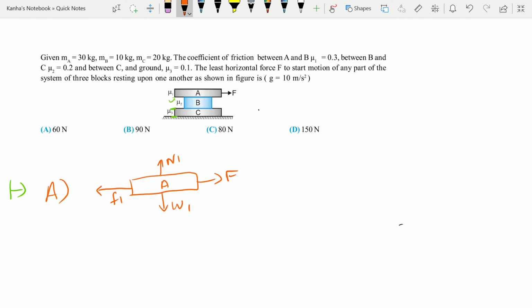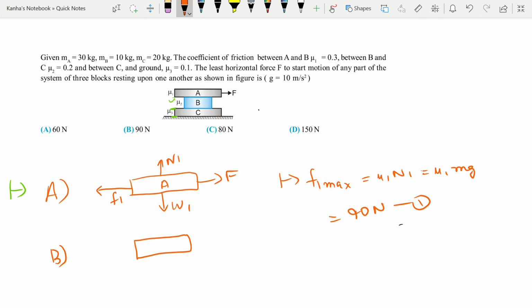So I can easily write for this: my F1 max is equal to mu1 N1, and this is equal to mu1 into mg, which is equal to 90 newtons. So first of all I mentioned this. For the case of B, I'm not drawing the frictional forces again and again. I'm just trying to draw the normal reactions because that is all you need to find the forces.